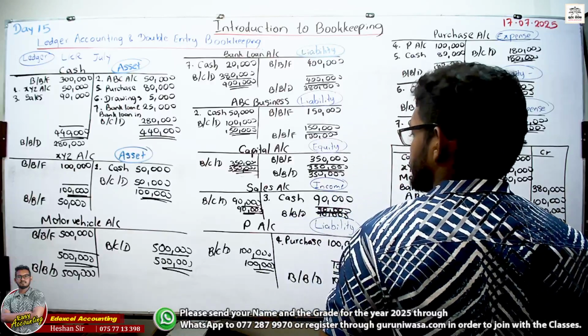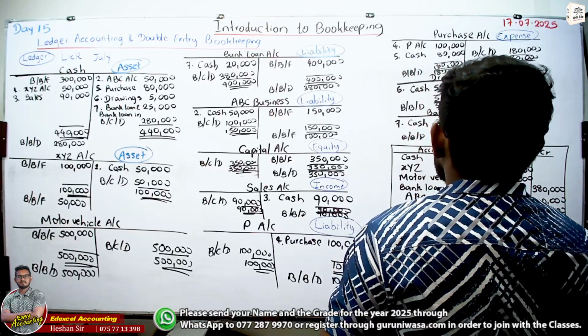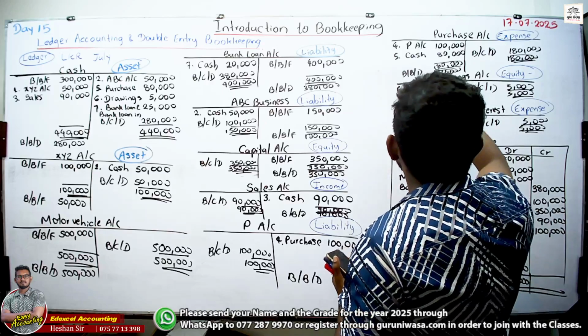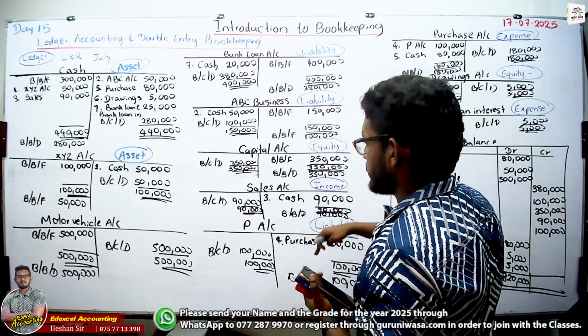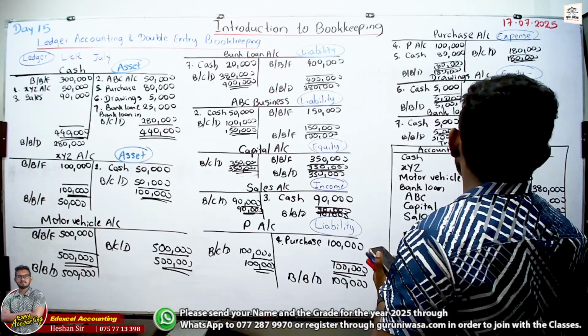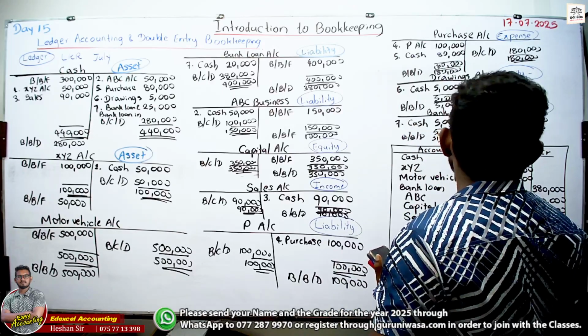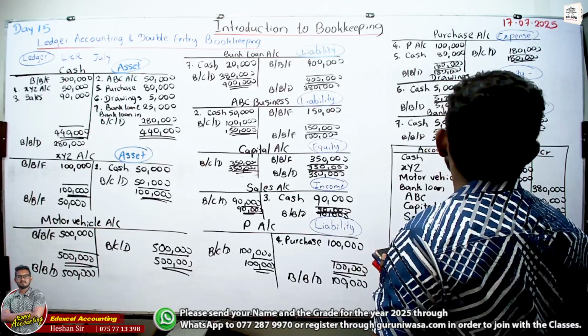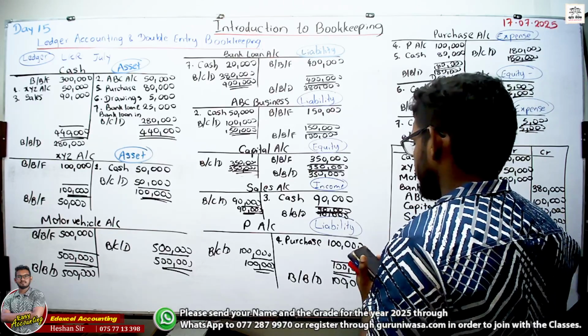Purchase account debit, account credit. Bank loan account 5,000, bank loan interest. Drawings account also 5,000. Purchase account 180. Fees account 100.